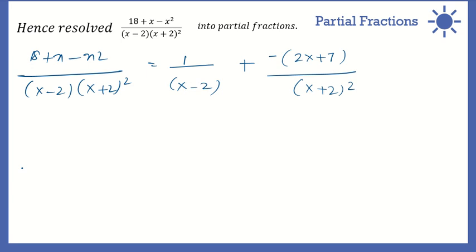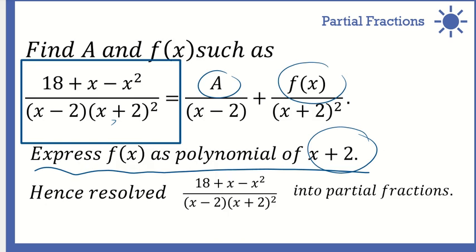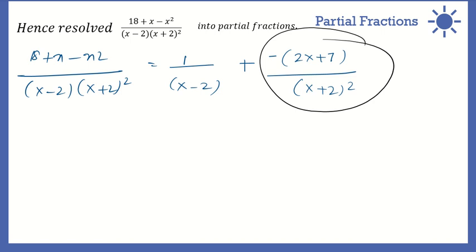So we still find it a little difficult to do the partial fraction, because we missed one thing: they asked us to express f(x) using the polynomial x plus 2. So I kept this for the final part to explain how to write f(x) as a polynomial in x plus 2. We have minus 2x plus 7, so we need x plus 2. Write x plus 2 and think about the coefficient of the first term.